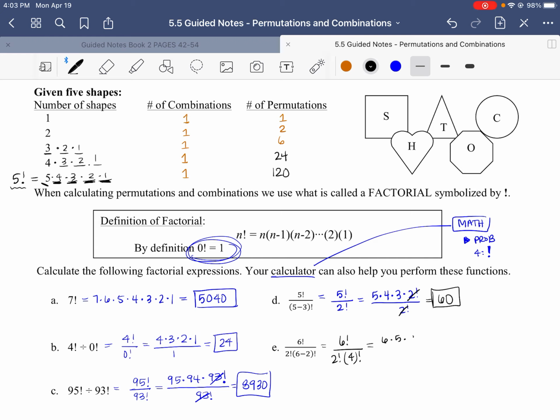So 6 times 5 times 4, I would probably stop there. And then that 4 factorial from the bottom I know is going to cancel. Now don't forget you also have that other 2 factorial on the bottom, so that's just, remember, 2 times 1. So essentially we've got 30 on top divided by the 2 on the bottom, because 2 times 1 is 2, which leaves us with 15.